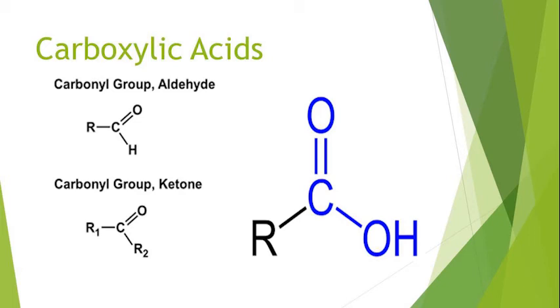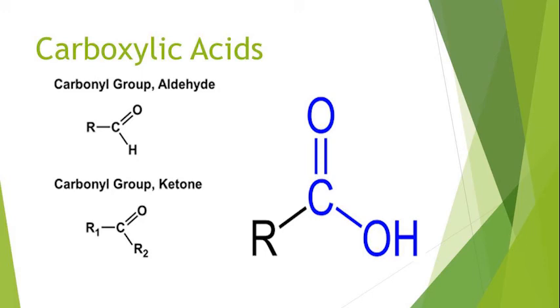A carboxyl group is a combination of carbonyl group and hydroxyl group. They have a general formula CnH2nO2 and type formula RCOOH, which means R is for alkyl group and COOH is called carboxylic group.